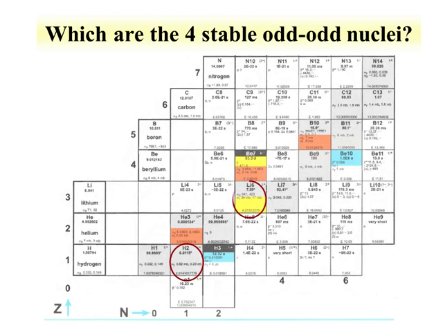The next, lithium-6, 3 protons, 3 neutrons. If I look at this trend, I'm going to guess that it's boron-10, and I would be right, 5 protons, 5 neutrons. And the final one, if we follow this line up, nitrogen-14 is our final stable odd-odd nucleus.